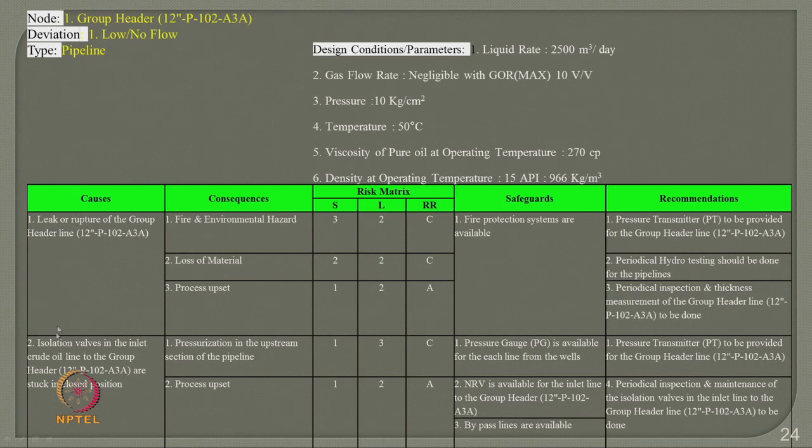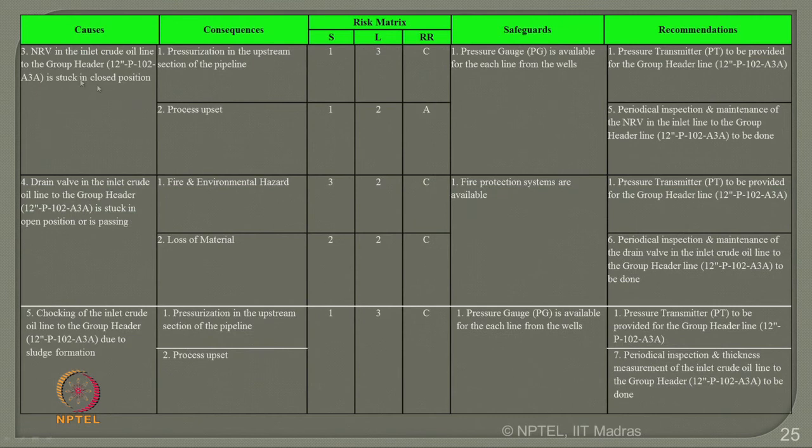Similarly, the next cause could be isolation valves in the inlet crude oil. Again, the same designated node is studied and the number is 2. For this, the consequences could be that if I isolate the valve, it can pressurize the upstream side, which can cause a risk ranking of C, whereas the process upset can cause a risk ranking of A. The non-return valve in the inlet crude oil can also fail.